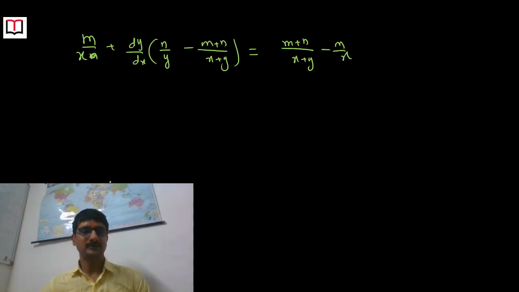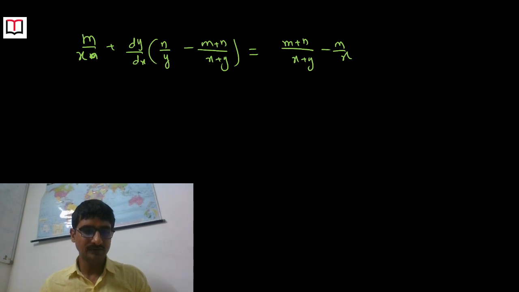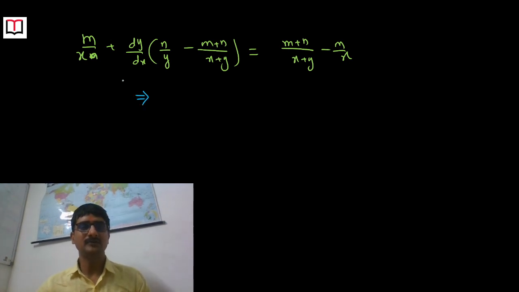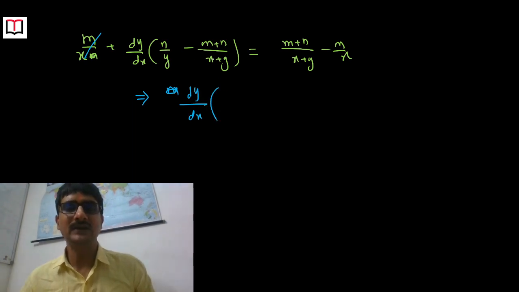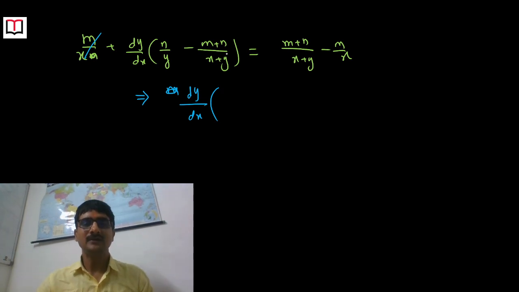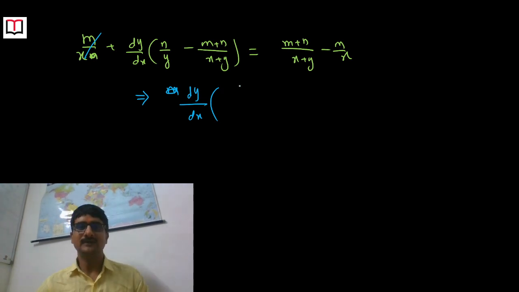Let's see, does it help? Do we get anything in the form in which we have options here? So dy by dx, that's what we basically need. If I take LCM, so nx plus ny, so ny and minus ny gets cancelled.